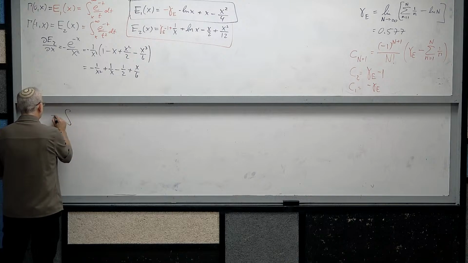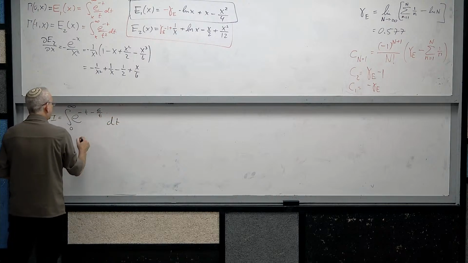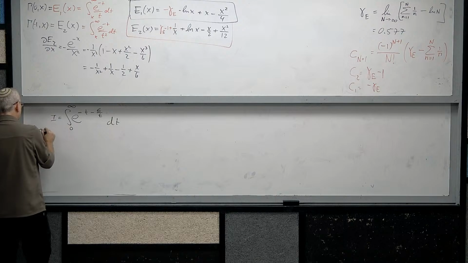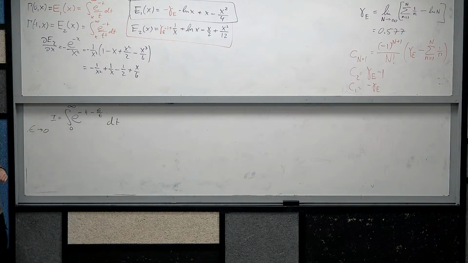So the integral I would like to consider is the integral from 0 to infinity of e to the minus t minus epsilon over t dt, as epsilon goes to 0. Okay, now, how does the integrand look?